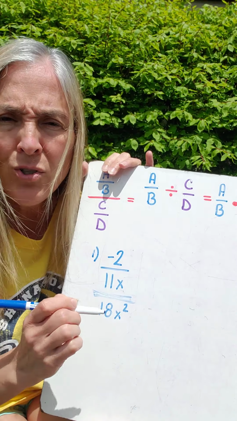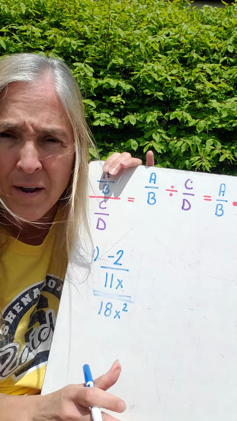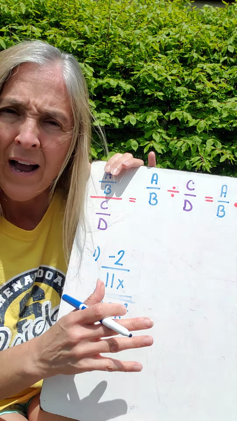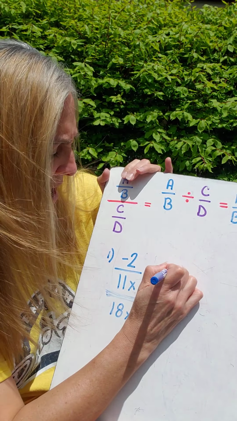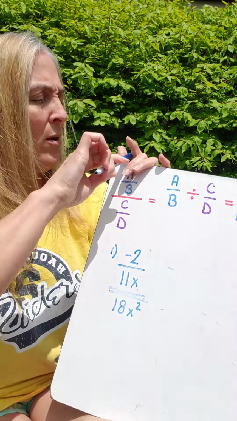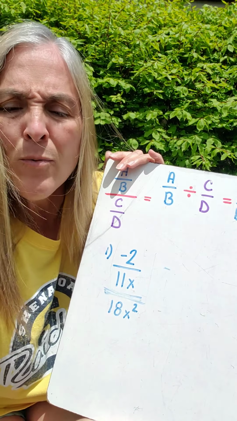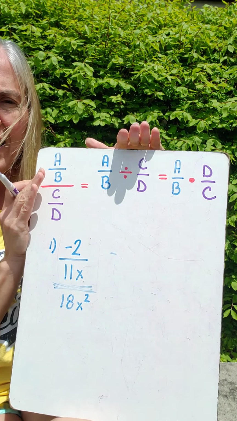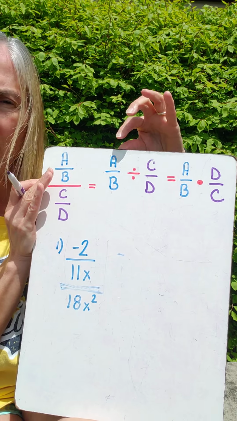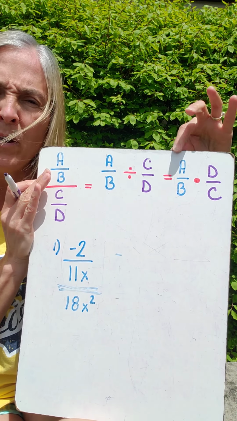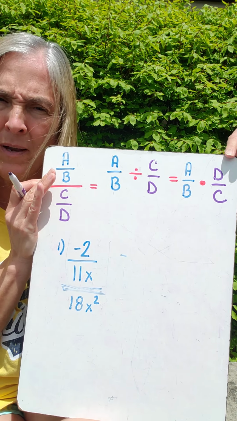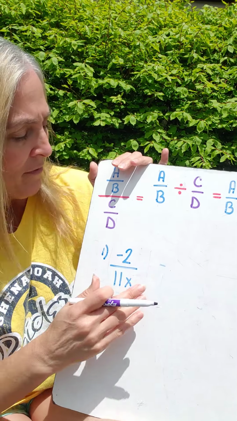And when I go to do these, I automatically rewrite this in this second form, maybe in a different color marker. And then I will rewrite it as a keep, change, flip, multiplying by the reciprocal, and simplify.